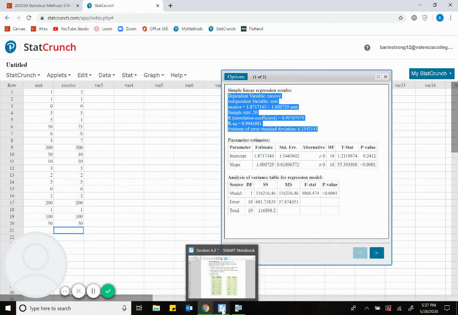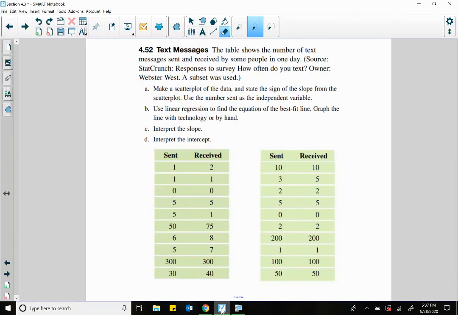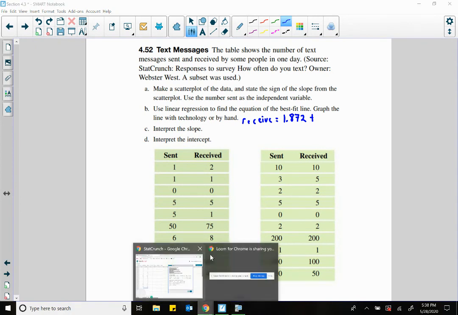You just got to write out the answer. So we've got receive equals, let's round to the nearest thousandth, so 3 decimal places. 1.872. So we've got receive equals 1.872 plus, okay, let's go back and look at our StatCrunch.